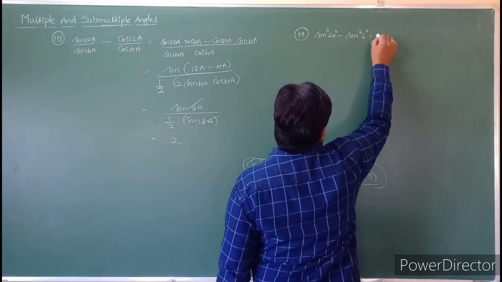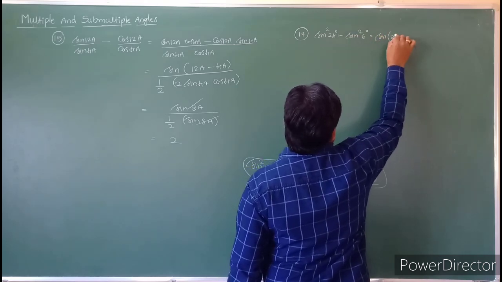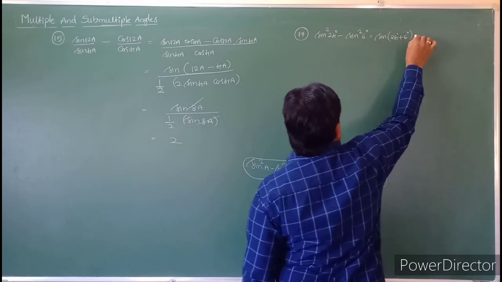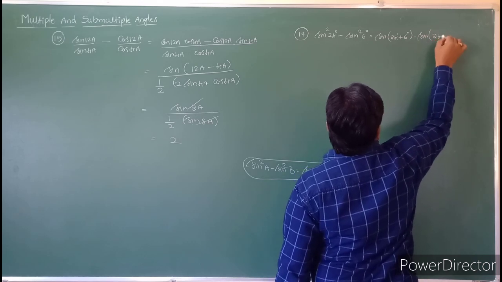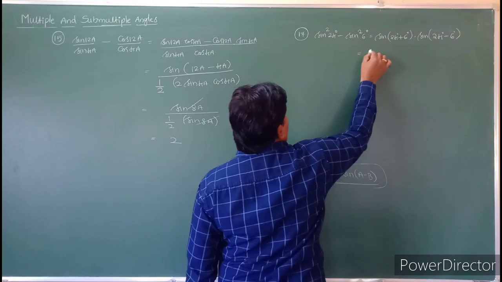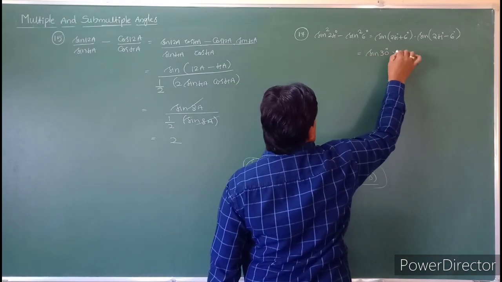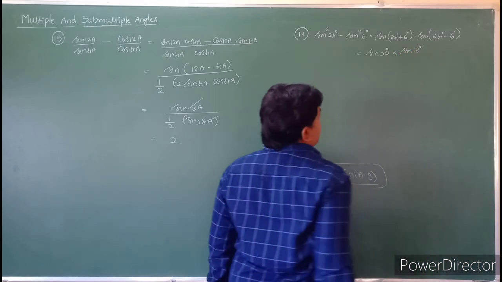So what happens? Sin of a plus b is 24 degrees plus 6 degrees, into sin of 24 degrees minus 6 degrees. So that is equal to sin 30 degrees into sin 18 degrees.